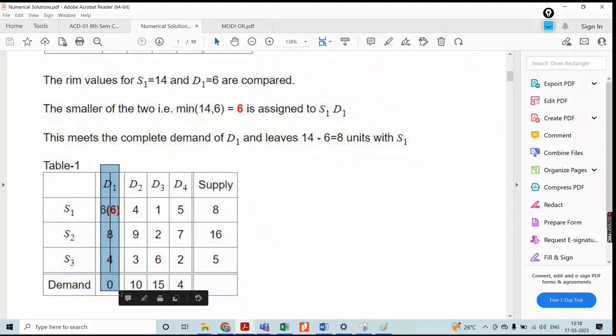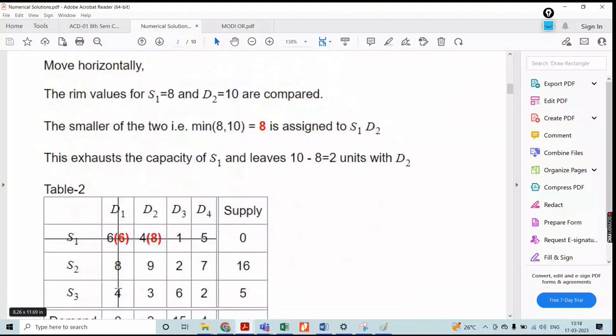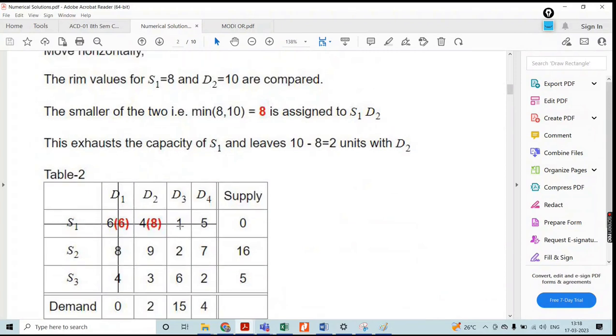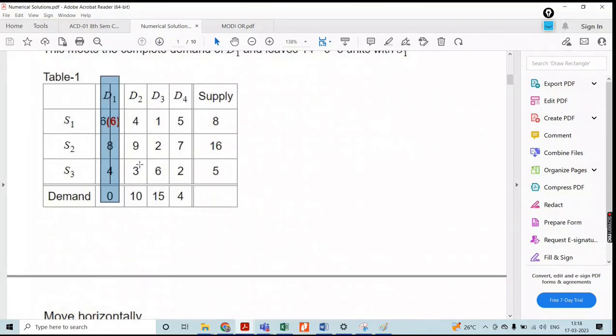Okay, second step. You go now north to west, like that. What is the minimum of the values to be assigned? Here is 10, here is 8. Can I supply? Possible. 8 is supplied to this 10. 8 minus 8 is 0.